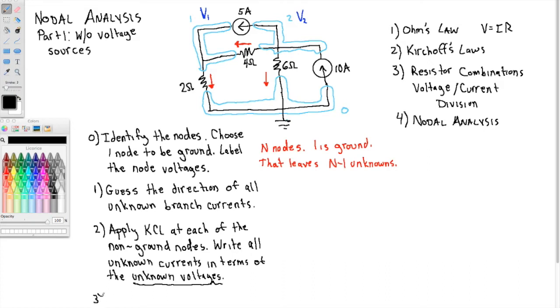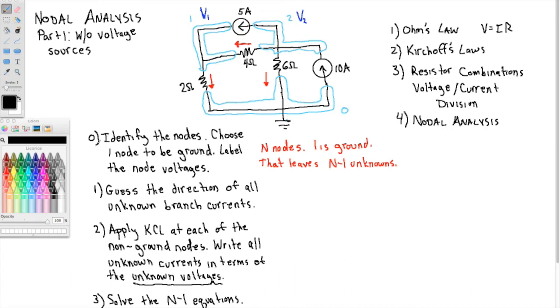Then step 3, solve the n-1 equations. Okay, because in step 2, if we apply KCL at each non-ground node, we have 2 non-ground nodes, then we're going to have 2 equations, and we have 2 unknowns, so we can solve those n-1 or 2 equations in this example.